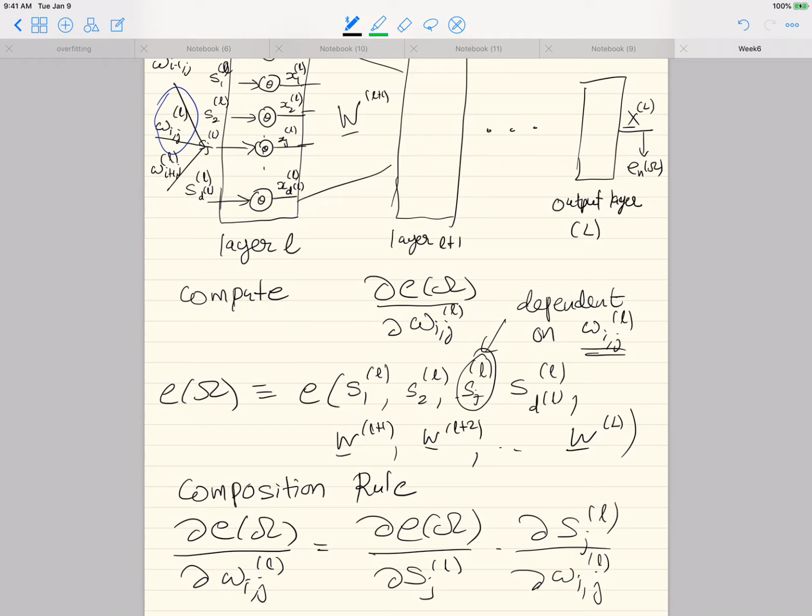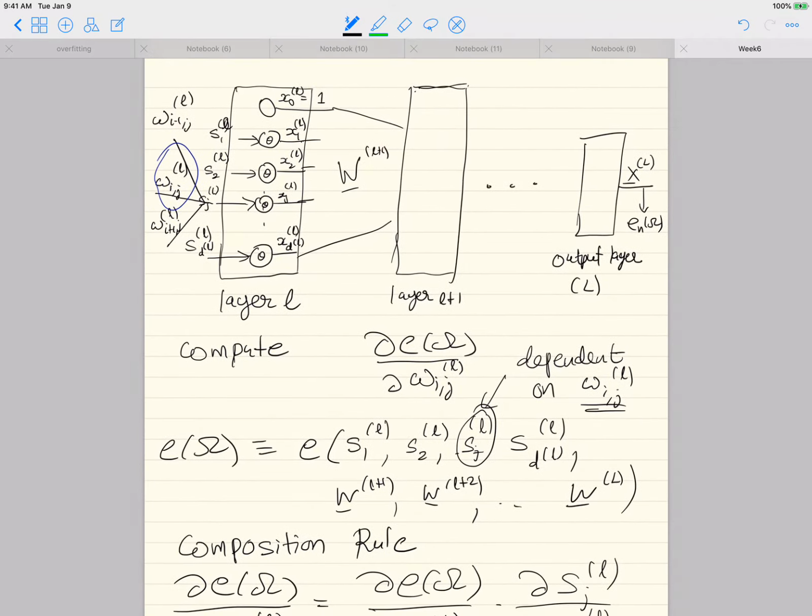Any questions about this? Everyone okay with this? Let me ask you a slightly different question now. What happens if Wij was not affecting just Sj of L? It was also somehow affecting S1 of L. Let's say you had a certain network where Wij feeds into two nodes, not one node. It's not this network, it only affects Sj of L, but we have a different neural network where we force Wij to appear on two edges.